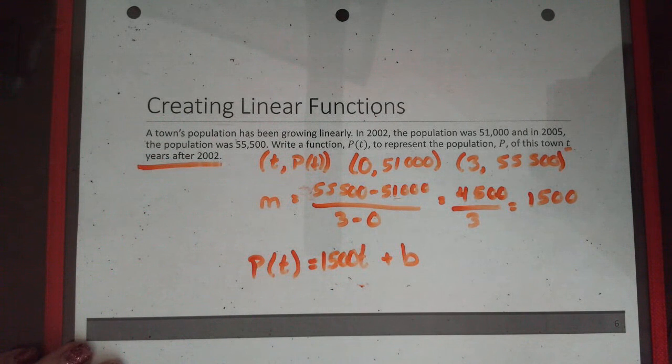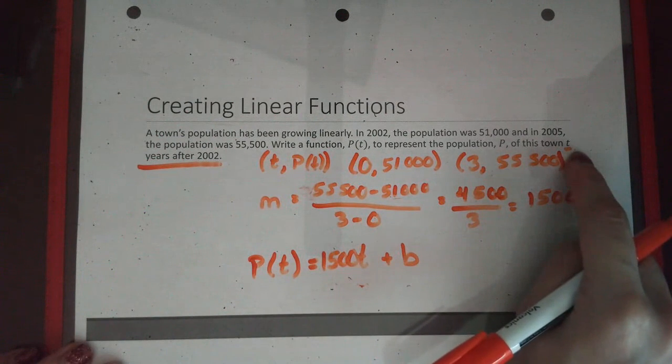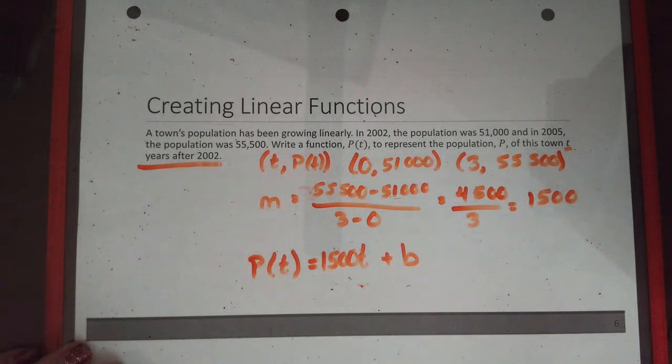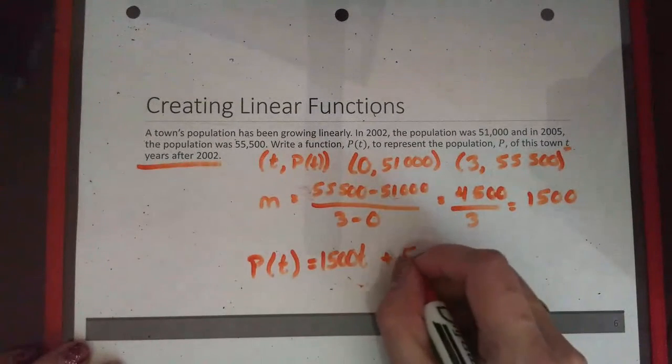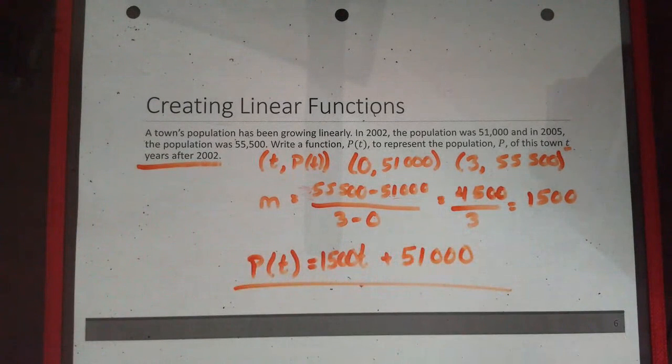But in application problems, what that y-intercept is usually represented by is your initial value. Our initial value is what happens when our input value is 0. Our input value is t. So if t is 0, then we're in the year 2002. In the year 2002, we know what the population was. It was 51,000. So my b value is 51,000, and we have our function. p of t is equal to 1,500t plus 51,000.